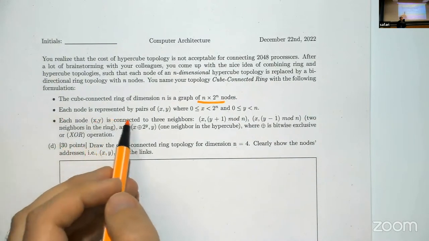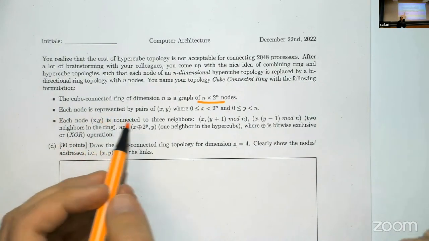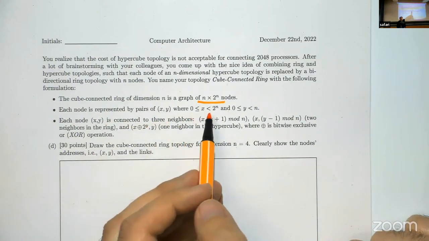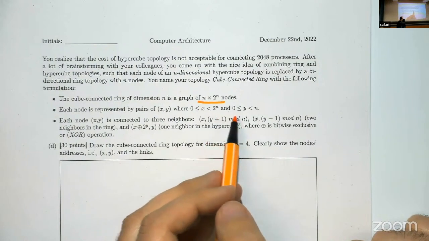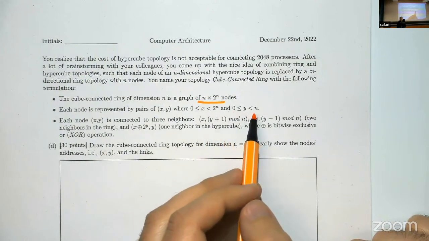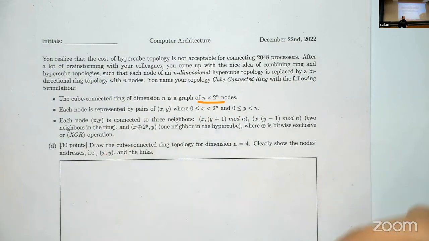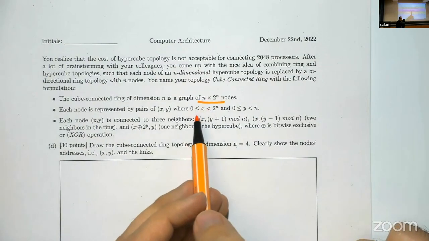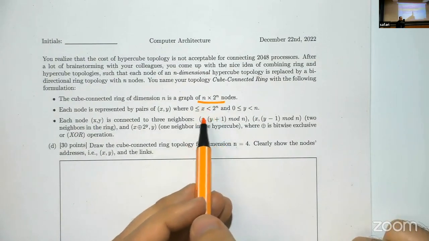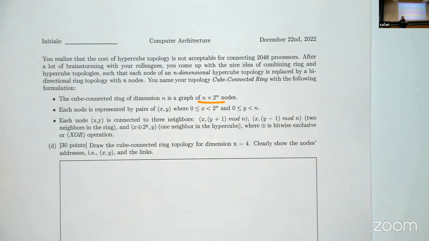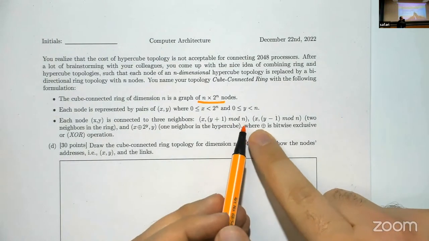Each node is represented by a pair x and y, where x is between 0 and 2 to the power n, and y is between 0 and n. Basically, x represents the position of that node in the hypercube, and y is the position of that node in the ring, and that's the reason it's between 0 and n.